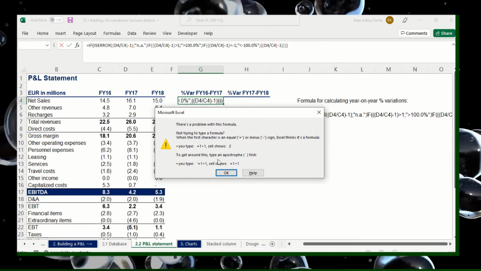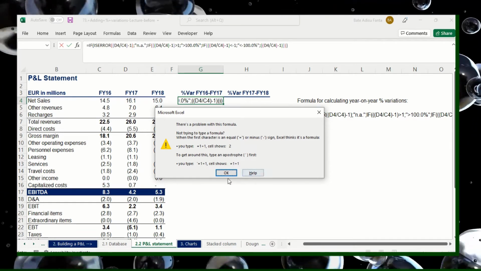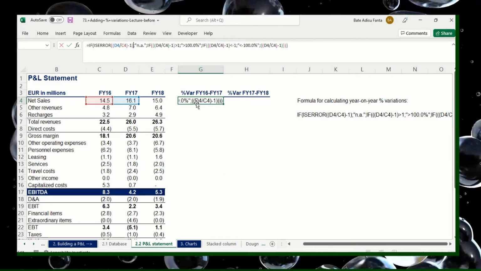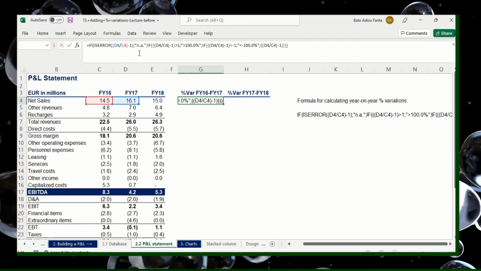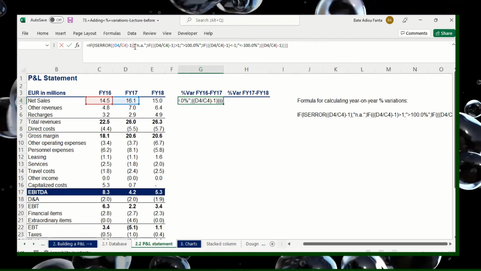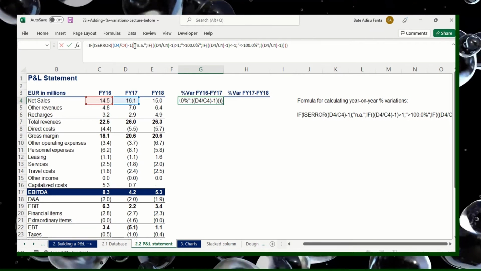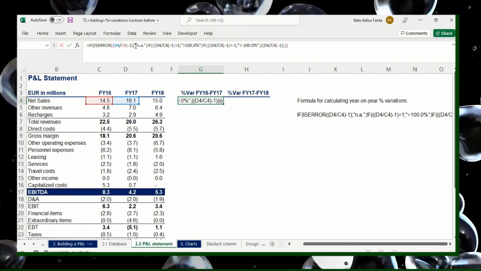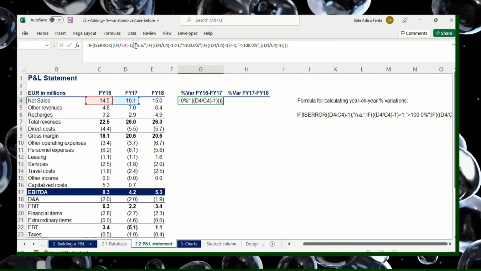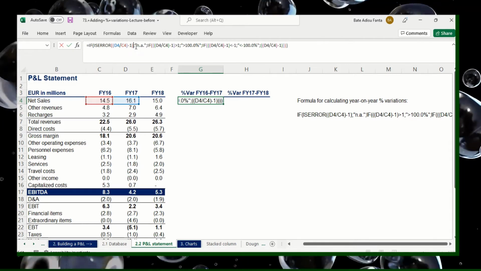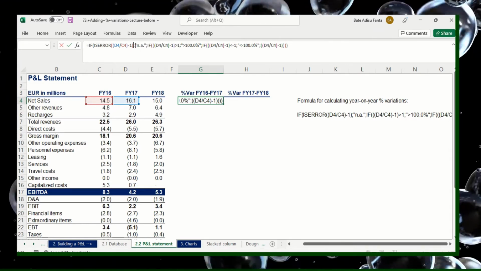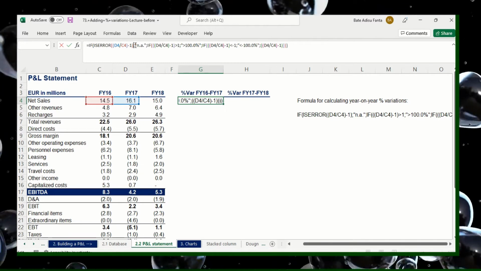Why is it so? You can get some information from here, but I already knew what's wrong with it. The problem is I am using a semicolon between the cell references in the formula. On my computer, if I use a semicolon among the formula inputs, it will not work.